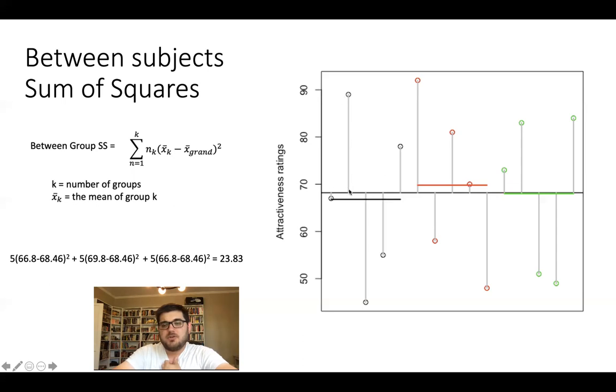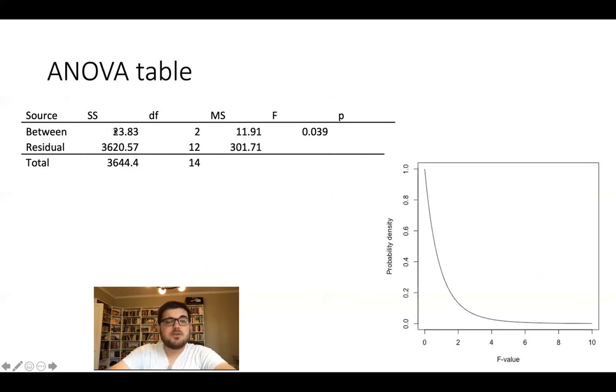As you can see from all the gray lines, their ups and their downs, it's going to be really hard to predict. And knowing what group they come from doesn't help you much because the group means end up being really close together. So overall, you're not helping much with your predictions because the amount of variance accounted for, the 23.83, is very low.